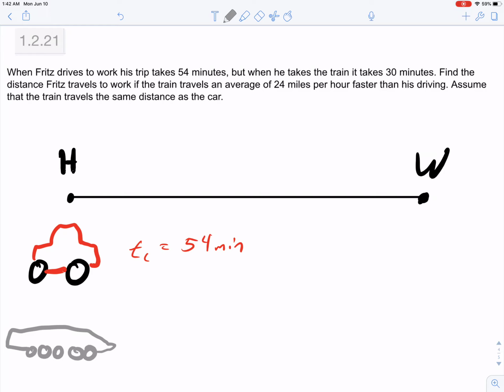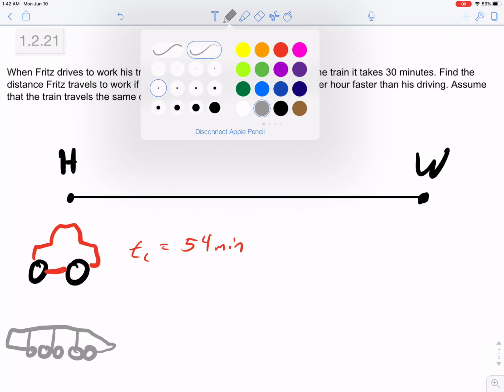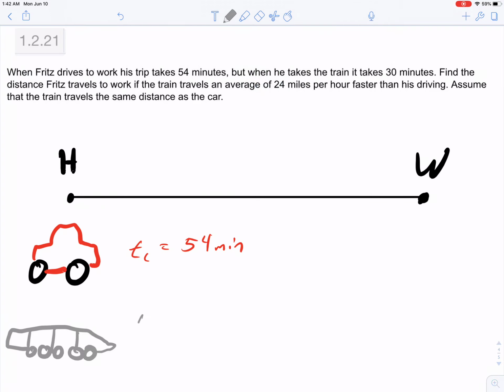So it says that when he takes the train, it takes 30 minutes. So when he goes by train, the time by train equals 30 minutes.